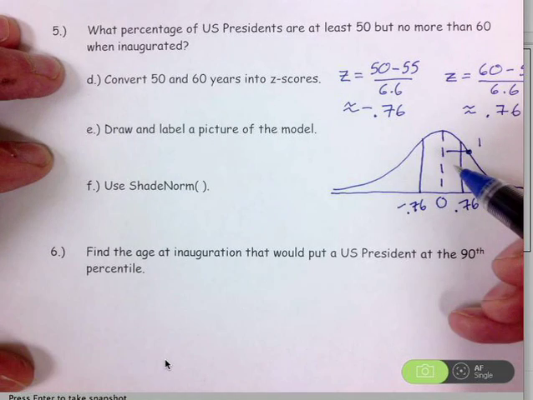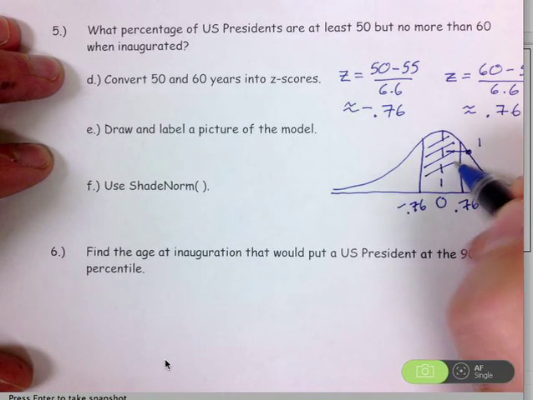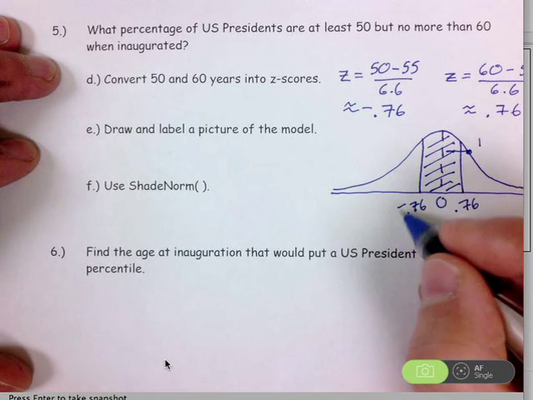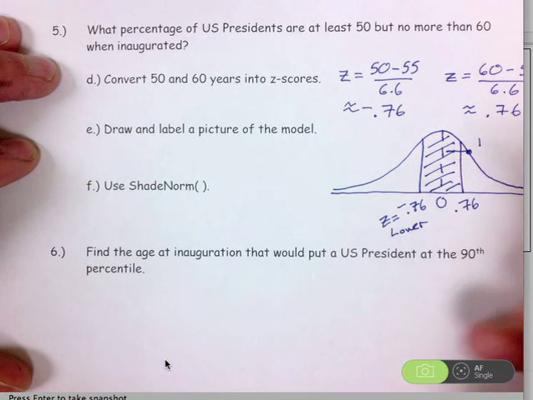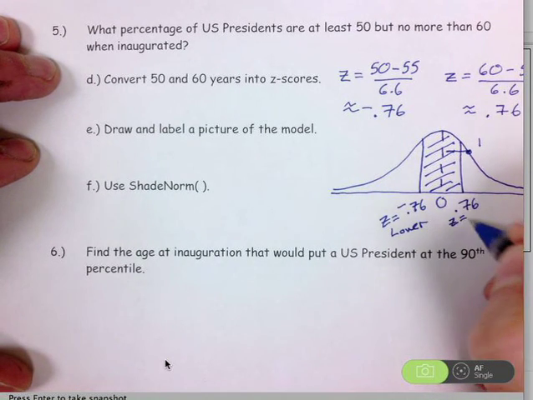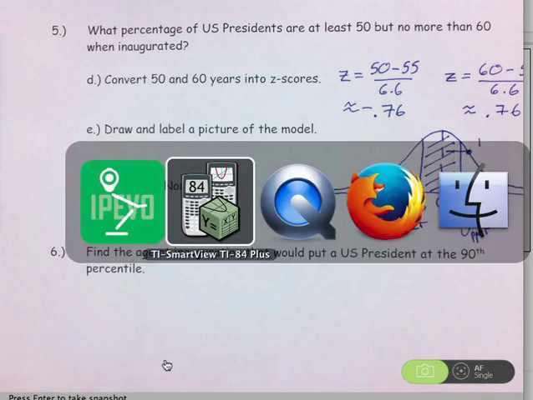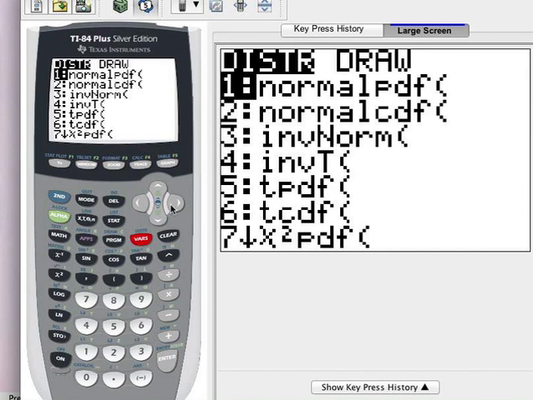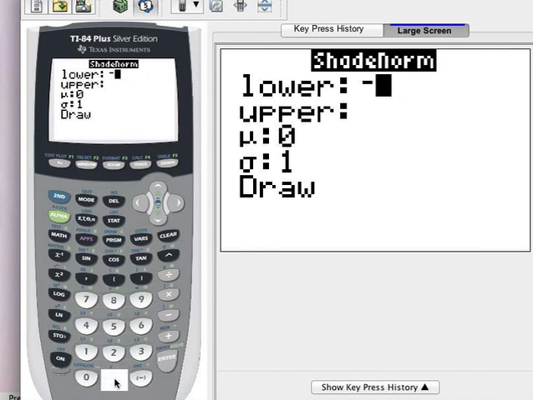On this question, I'm not interested in the area below or above. I'm interested in the area between these two z-scores. What's nice about this question is you automatically get your lower boundary and your upper boundary. I already did the clear draw command, so we'll go to second variables, draw, shade norm command. The negative 0.76 is my lower boundary.